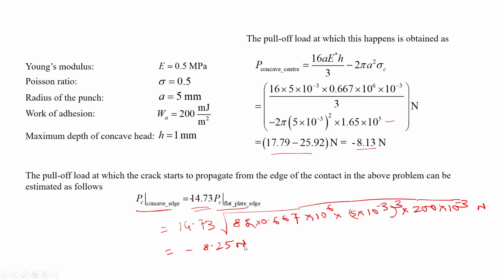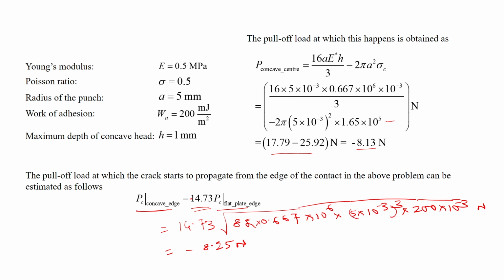Now, 8.25 Newton is actually larger than 8.13 Newton. So, what it means is that even before the crack starts propagating from the edge, this critical stress sigma c will be attained.